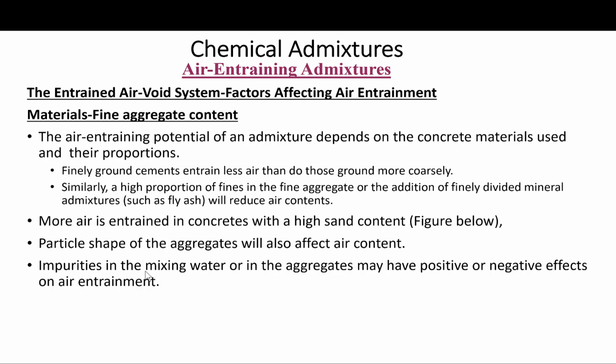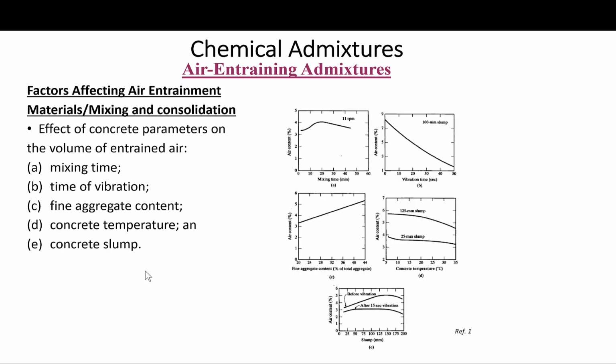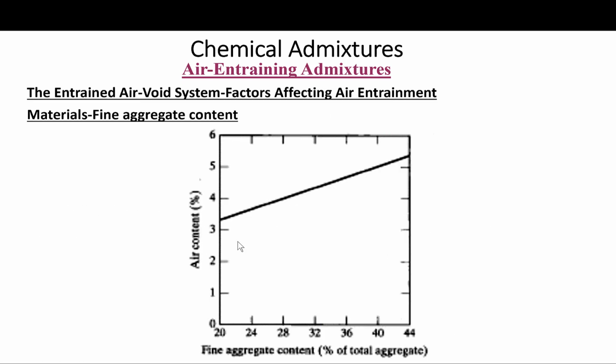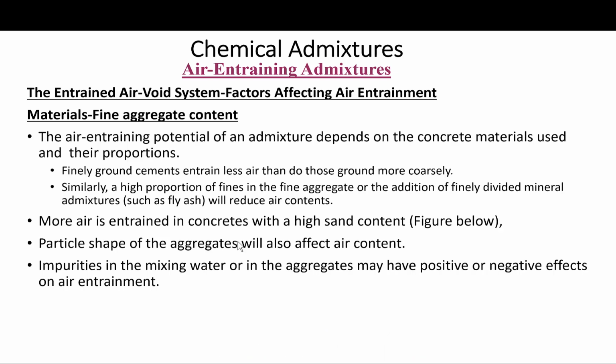Usually more air is entrained in concretes with a high sand content, as you can see here in this figure. We said more air is entrained in the concrete with high sand content, but the gradation, for example material between 600 micrometers, the number 37, and the 300 micrometers, number 57, is the most effective.